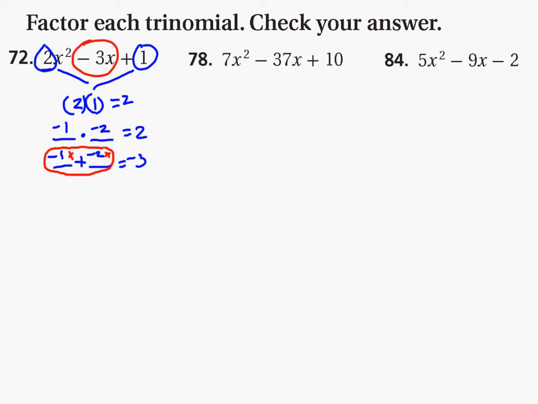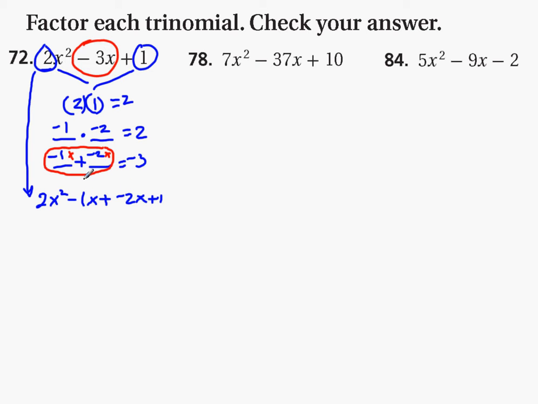So let's go back now and rewrite this 3-term as a 4-term. So I'm going to go 2x squared minus 1x plus -2x plus 1. So I brought down the original expression and I replaced -3x with -1x and -2x.